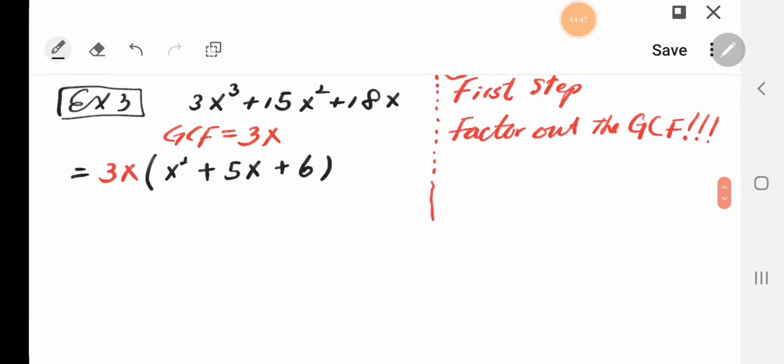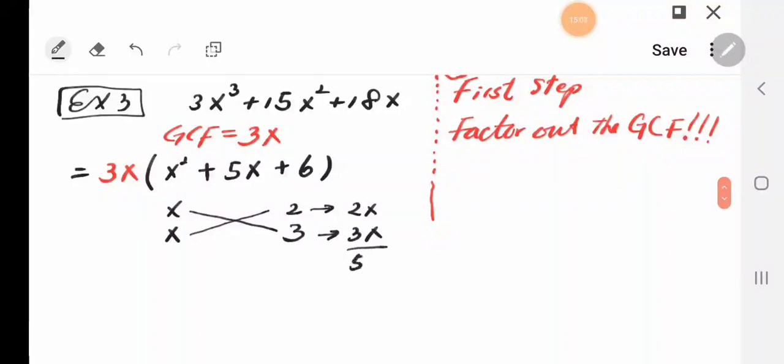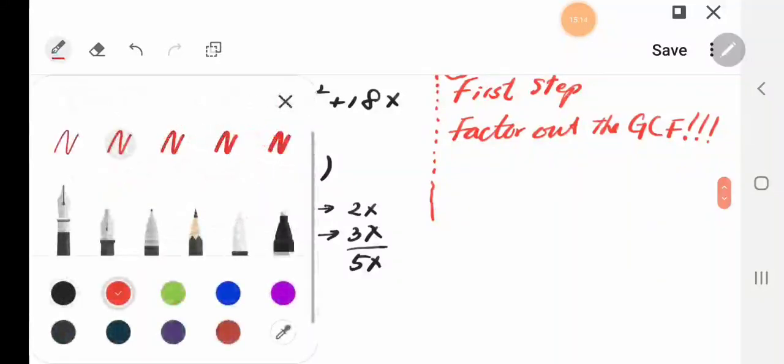Okay, x squared is always x times x. And 6 is 2 times 3, or it can be 1 times 6, but let's try 2 times 3. Then cross multiply, this will be 2x. This cross multiply is 3x. The sum is 5x. So our result is 5x, and the 5x is the same as the term in the middle.